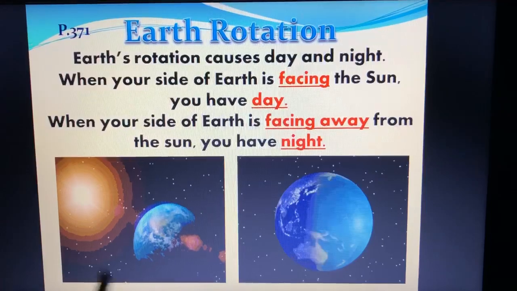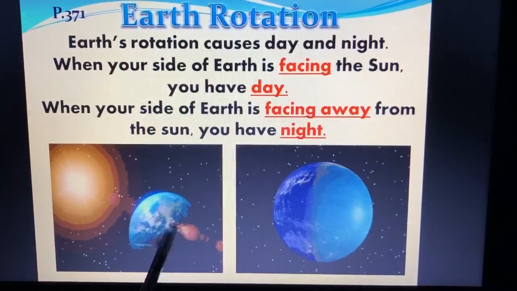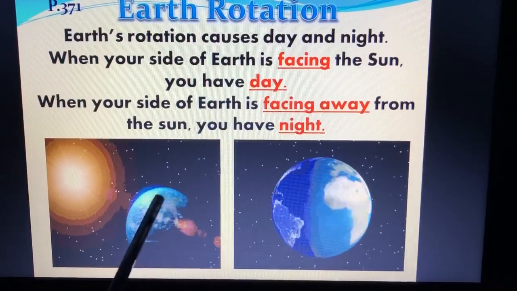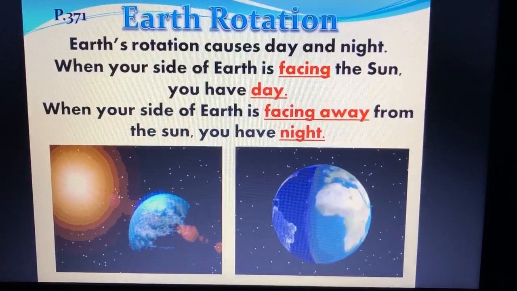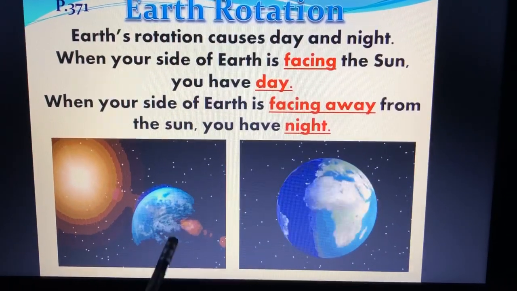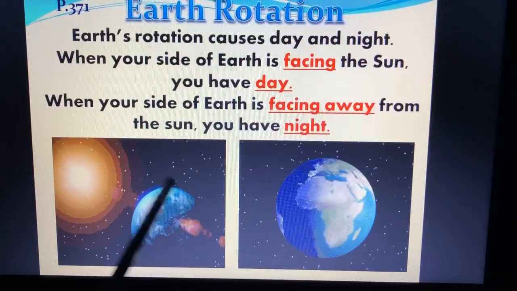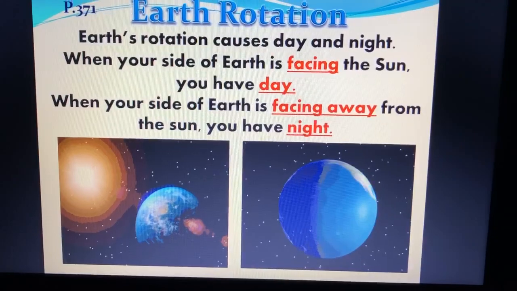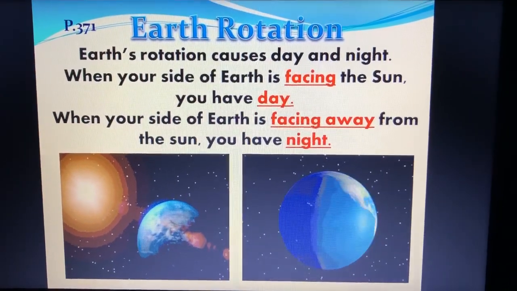Right? I want you to look here at the sun and the earth. When this part of earth is facing the sun, it's day, or we can say morning. And the opposite, when the other side of the earth is facing away from the sun, it's night.